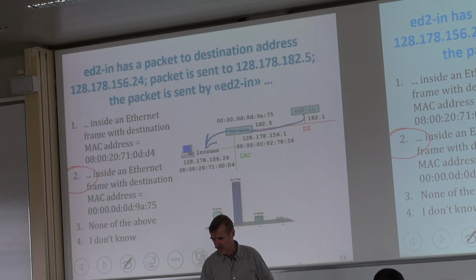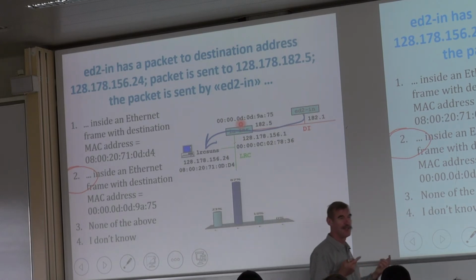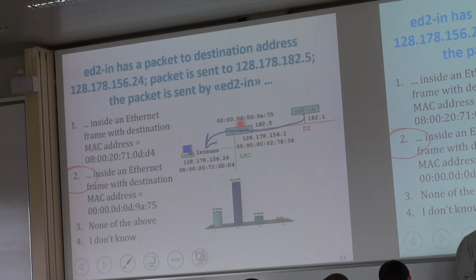Yes. So the question is why does this router have 2 addresses? Is it a bug, as in some of my quizzes, or is it intentional? Here it's intentional. It has a green and a red interface. It has a MAC address for the red and a MAC address for the green.